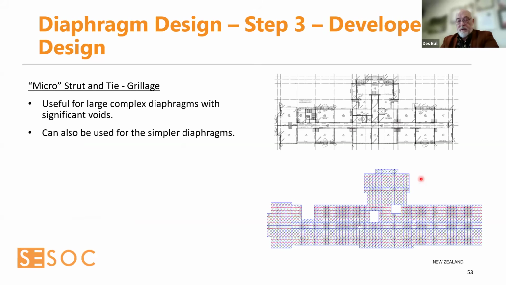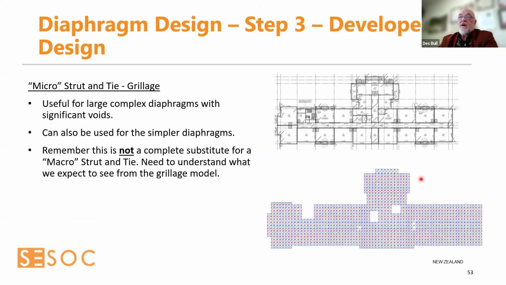Just a little bit on the grillage, micro strut and grillage. These are useful for large diaphragms with significant voids. They can also be used for the simpler diaphragms. Remember that micro strut and tie, the grillage, is not a complete substitute for macro.